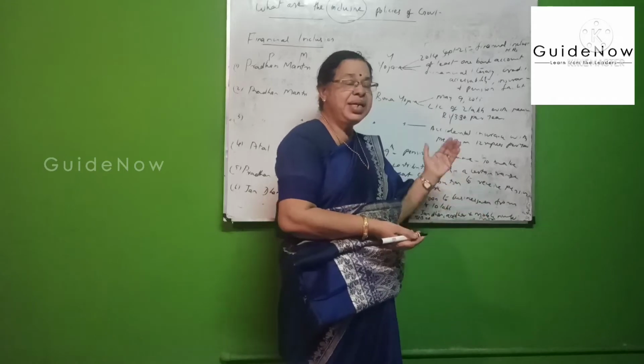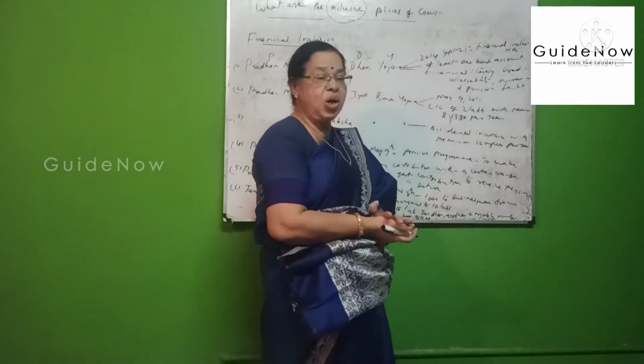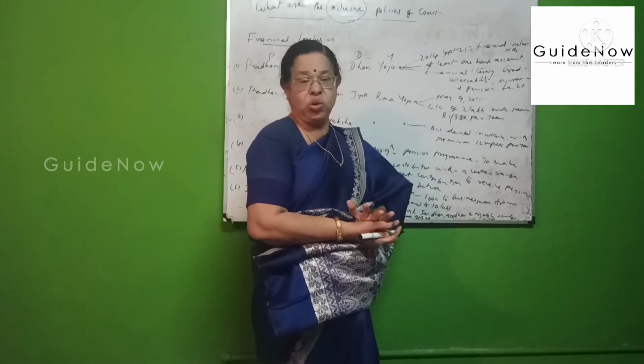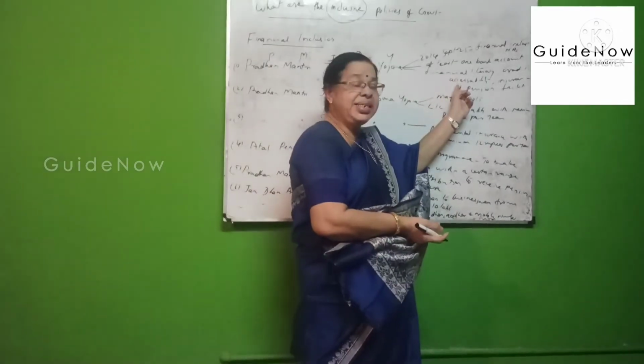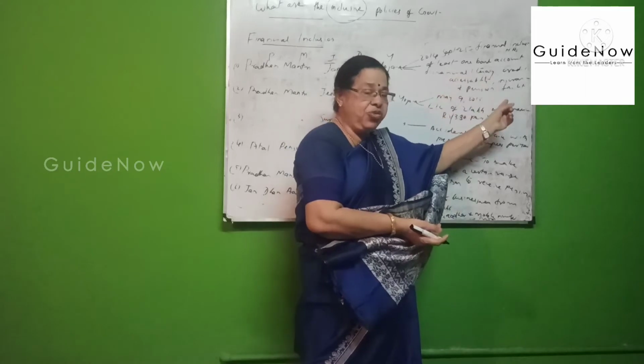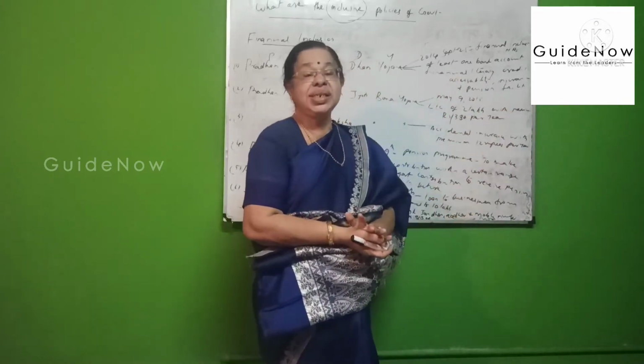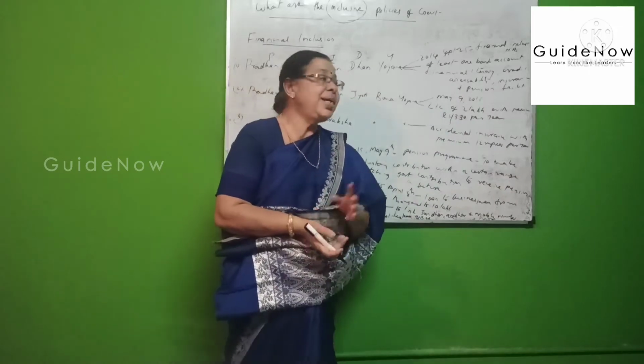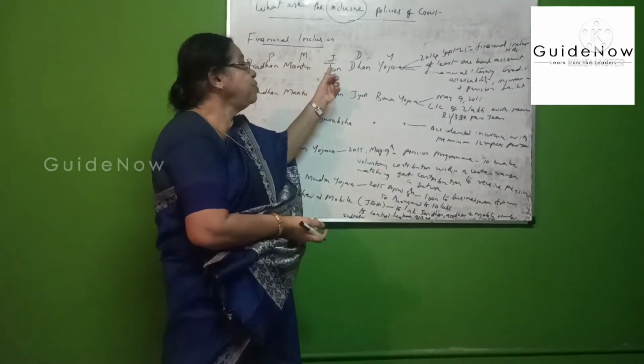At the same time it requires at least one bank account for all households, then provides financial literacy, credit facility, insurance, and pension facilities. That is the scheme of PMJDY.